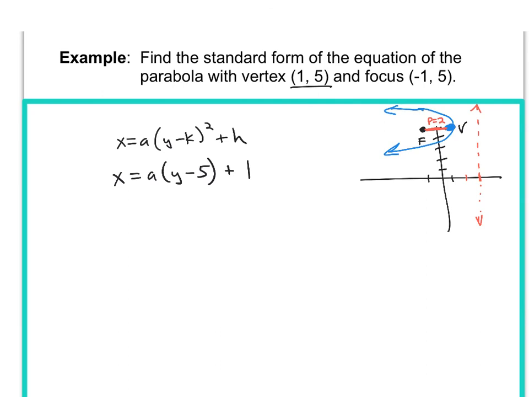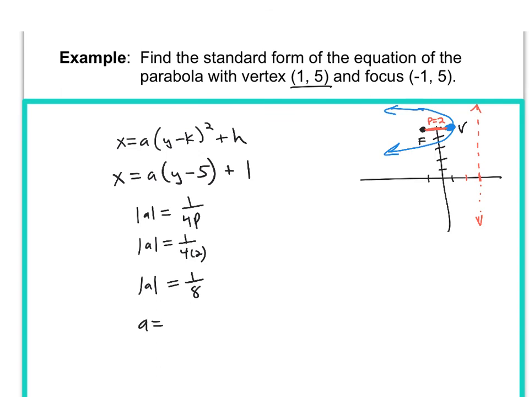So my equation is the same as it was for the other problems. The absolute value of a is 1 over 4p. In this case, I found that p was 2, so I've got the absolute value of a equals 1 over 4 times 2. So I get the absolute value of a equals 1/8.